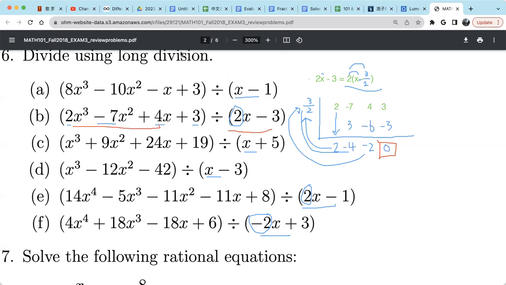So how are we going to write the quotient? So the answer for B is, well, let's write this. Remember, we have 2, right? Now let's forget about 2 first. We have 2, negative 4, negative 2 in the quotient space. So that's 2x squared minus 4x minus 2.